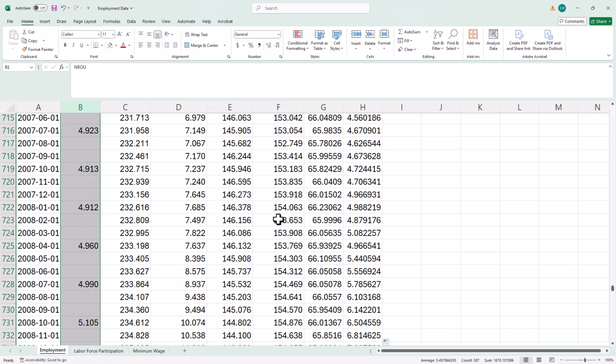Let's take a quick look at some specific examples here. Looking at the third and fourth quarters of 2007, you can see that the current unemployment rate was below the natural rate of unemployment. 4.67 was below 4.9, 4.72 also below 4.9. That tells us that the economy was doing relatively well at that point.